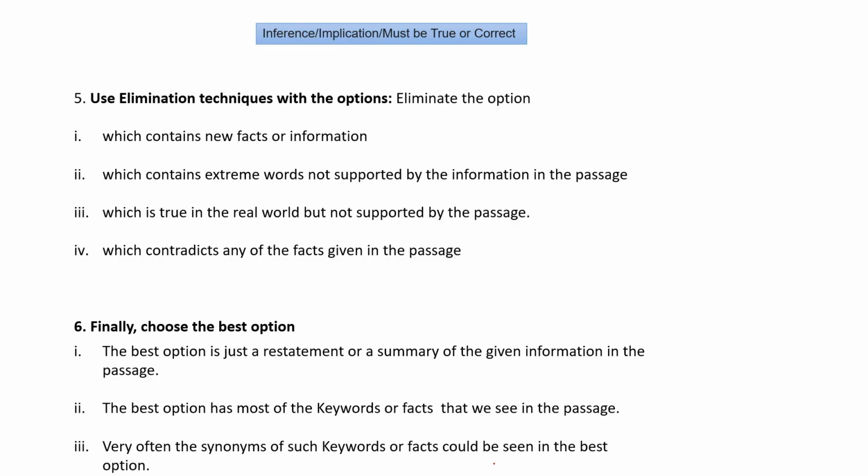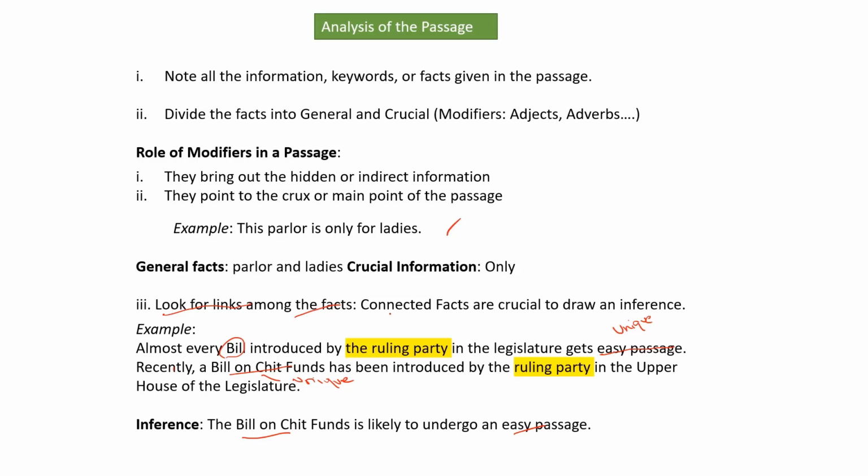When I say elimination technique, I mean you can eliminate an option if it contains new facts or new information. For example, in our previous example, you have ruling party, you have bill on chit fund, upper house or legislature. These are the keywords, right? Can I make an inference about the president, that the president might deny or reject the bill?